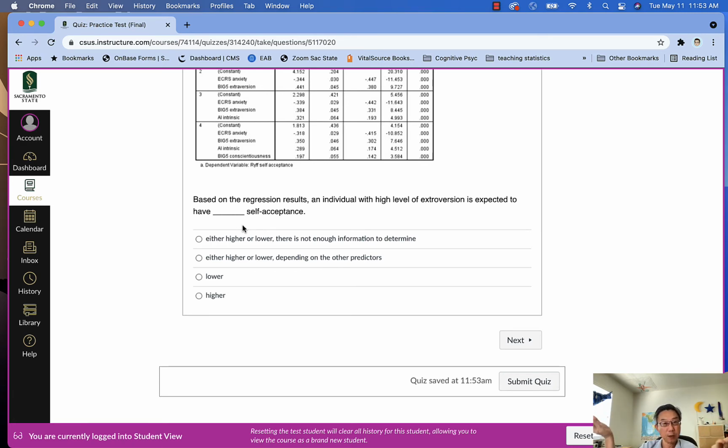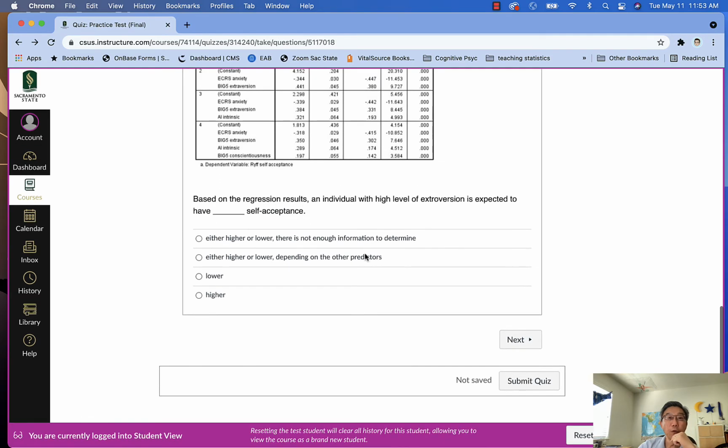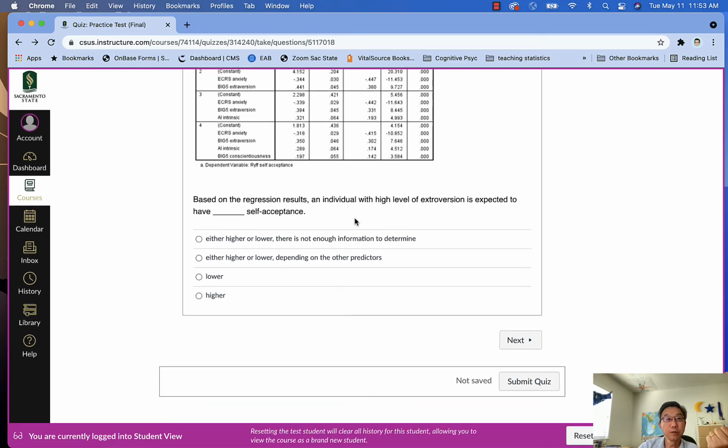If the standardized regression coefficient is negative, then they change in different directions. So now we are looking at extroversion and self-acceptance. It's positive, it means they change in the same direction. So a higher level of extroversion is expected to have a higher level of self-acceptance.